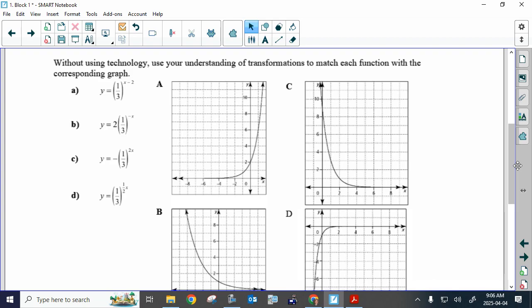Because when you compare them, this is a y-intercept of 0 and 2. This looks like a y-intercept of 0 and 9. This looks like a y-intercept of 0 and 1. This looks like a y-intercept of 0 and -1. If there's 4 different y-intercepts, and when I say y-intercept, you insert x equals 0, could you very quickly find the y-intercepts for each of these and narrow down the graph? Can you guys do that now?